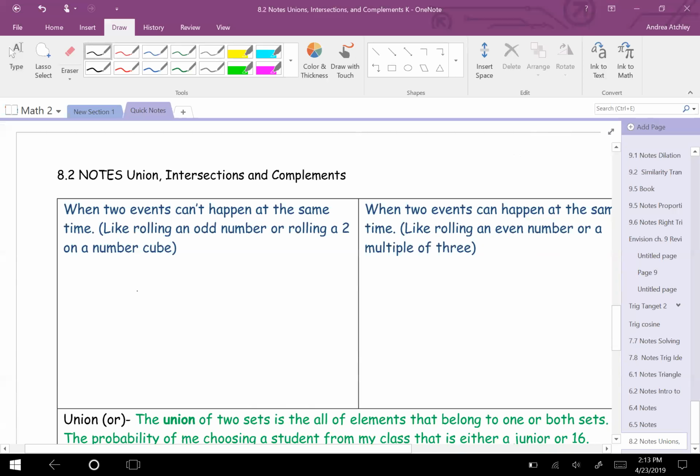Okay, it would look something like this. Here's a circle here. It has odd numbers in it. And then there's this other circle over here with the number 2 in it. They don't overlap at all. They can't both happen at the same time. So that would be mutually exclusive.